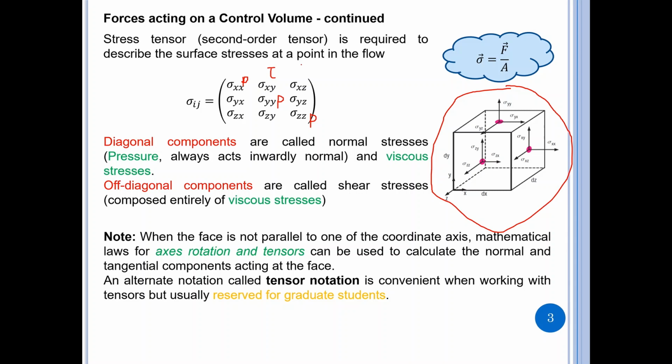There is an alternative method, for which we need to represent all these things in terms of tensors, but this is not in the scope of undergraduate studies. So the stresses are sigma xx, sigma xy, sigma xz, and so on, and we have discussed all this in detail in the class.